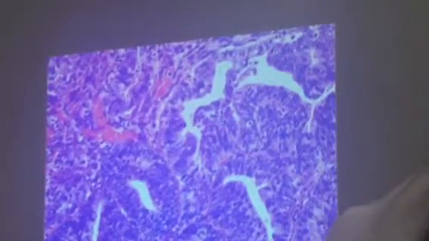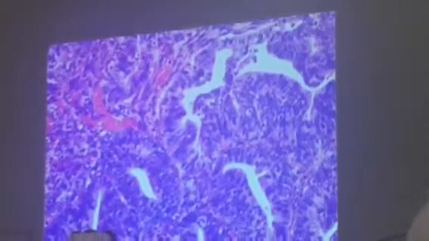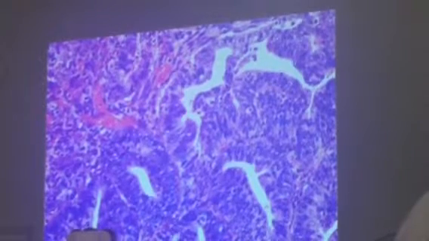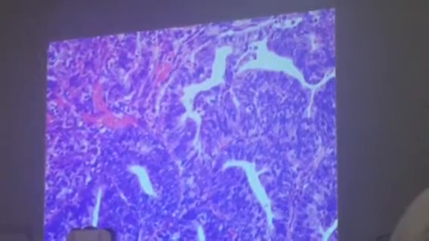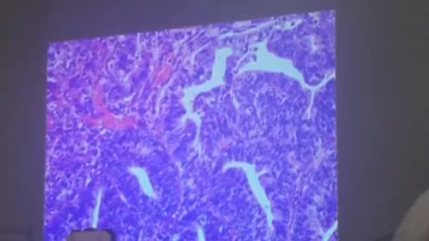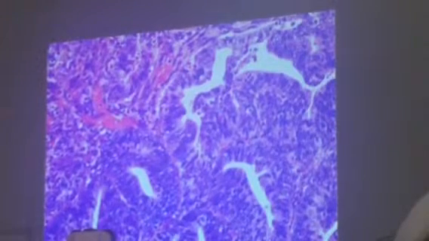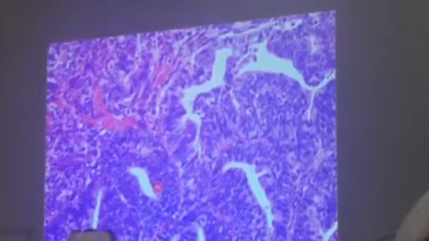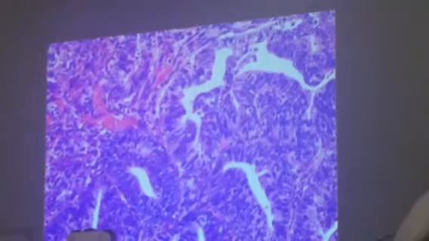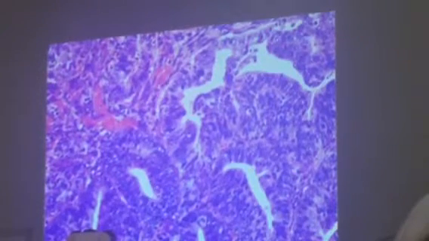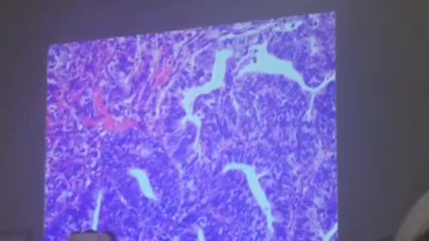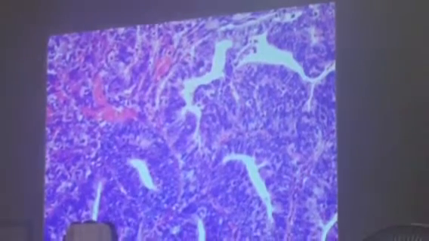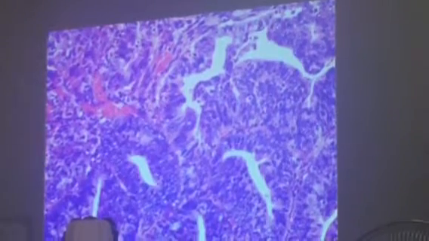Now, what is the difference between complex hyperplasia with atypia versus complex hyperplasia without atypia? It's the nucleus of the glands. Okay? The nucleus of the glands, again, di ba proliferative ang pattern, ang basic pattern.